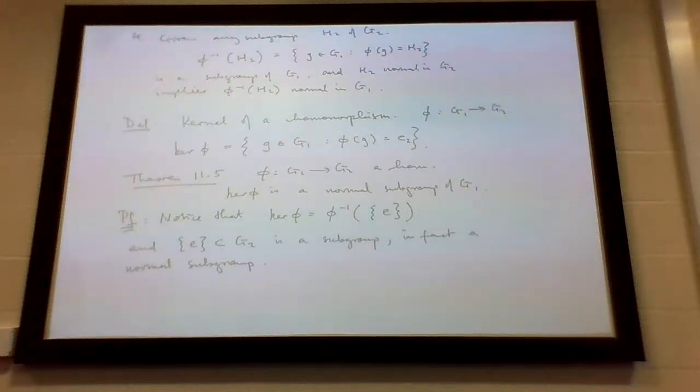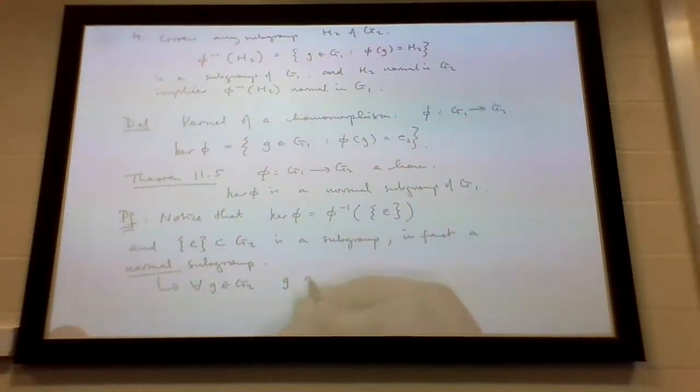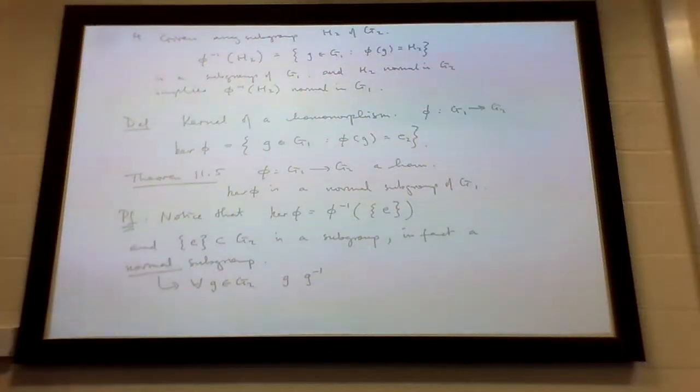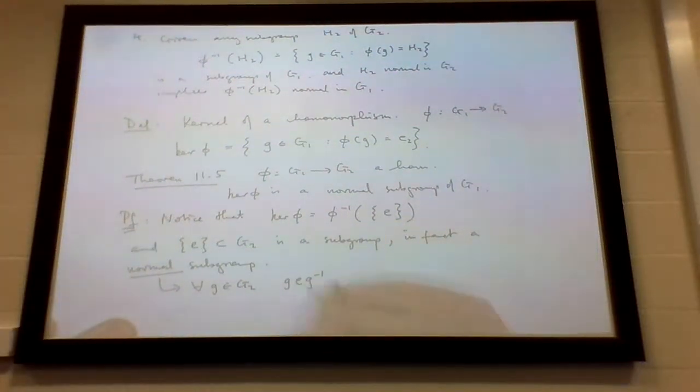It depends how you want to look at it. Normal means that for every g in G2, we ask what happens when you conjugate an element from this subgroup by g. Well, there's only one element to choose, namely the identity, so g e g inverse is the identity, which again is an element of that subgroup.